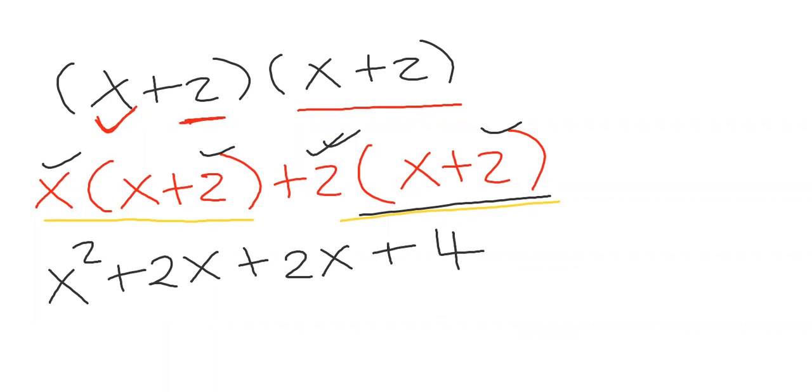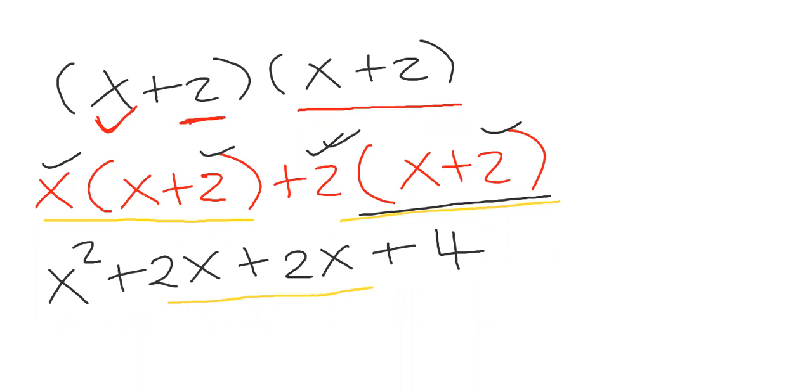If you have expanded it correctly, you are supposed to get 4 terms here, as in 1, 2, 3, 4. And usually the terms that are in the middle are like terms.